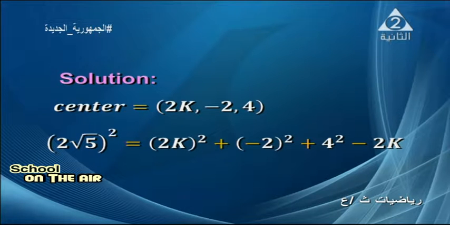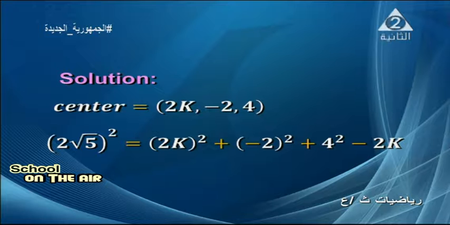Then r power 2 equals L power 2 plus m power 2 plus n power 2 minus d. This is the rule of radius power 2. Remember, the diameter equals 4 root 5, so r equals 2 root 5, all to the power 2.